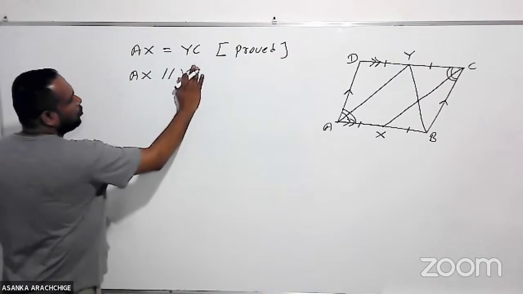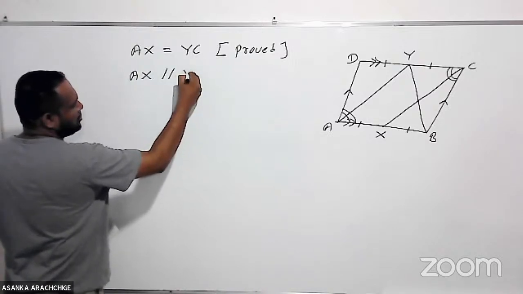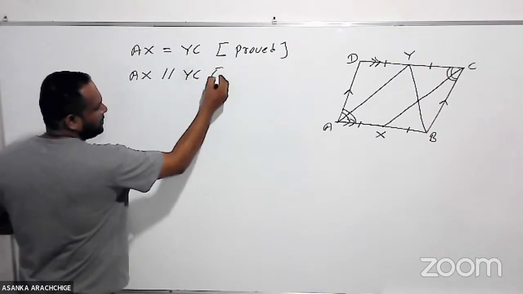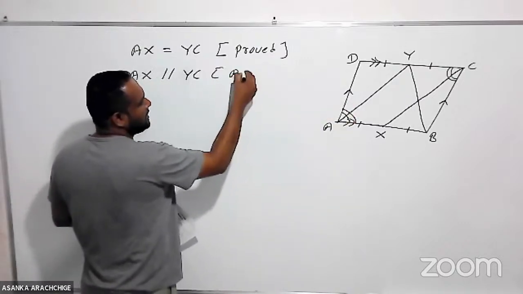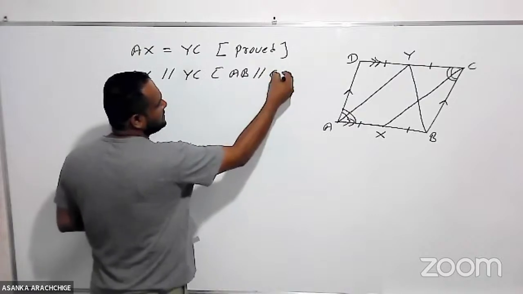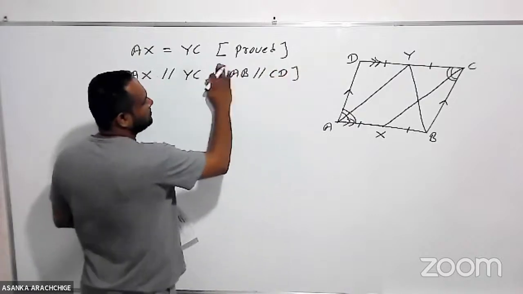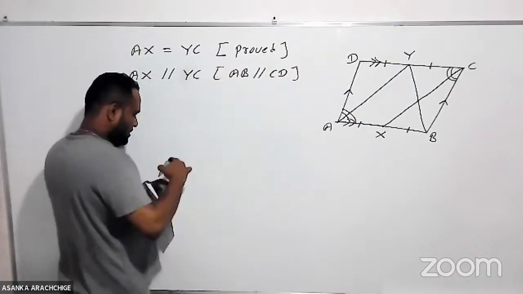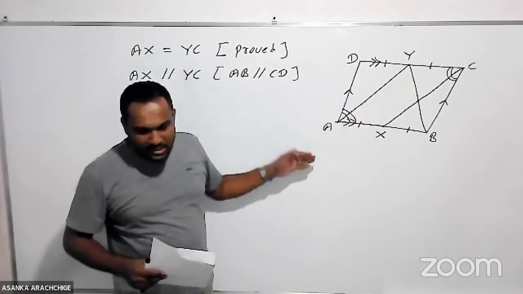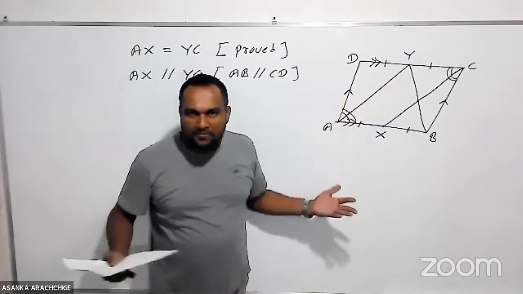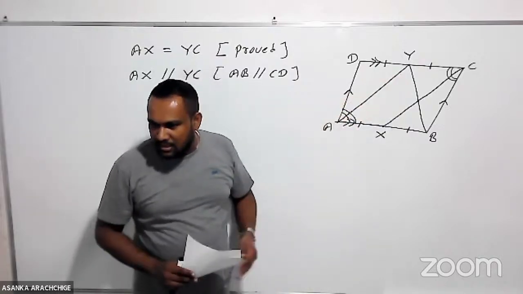Tell me, why is AX parallel to YC? Because AB is parallel to CD. If these entire two lines are parallel to each other, then parts of them are also parallel.